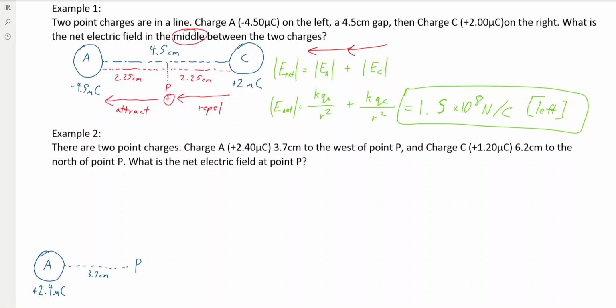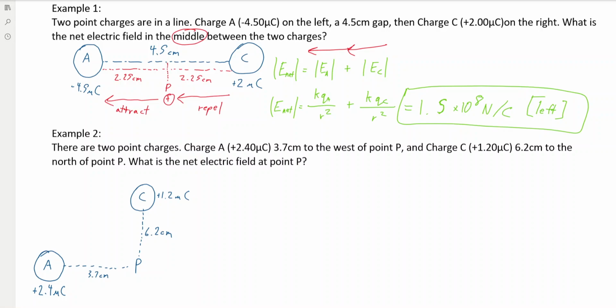Now, if we look at charge C, it's to the north, and it's over here, so it's positive 1.2 microcoulombs, 6.2 centimeters to the north. Okay, so there's what it starts with.